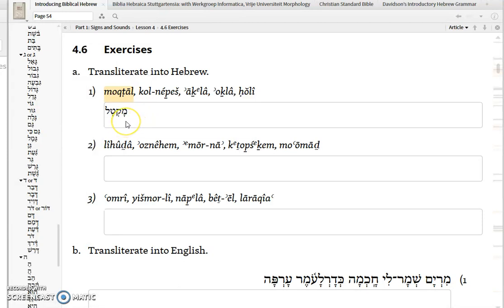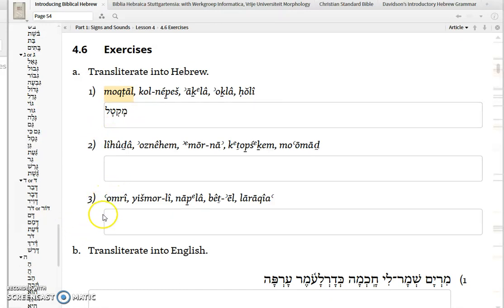So here you actually see the form moktal, where you have a Kametz hatuf under the mem and a regular Kametz under the tal. Again, this is an unaccented closed syllable, so that's an O vowel. And then this is an accented closed syllable, that would be a long A vowel. Short O, short vowel under unaccented closed syllables, whereas a long vowel under an accented closed syllable.